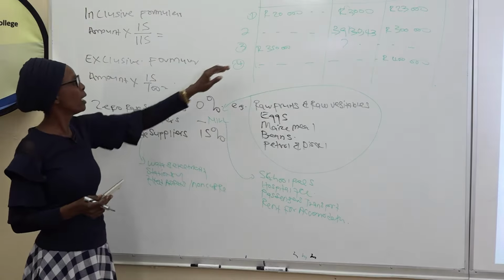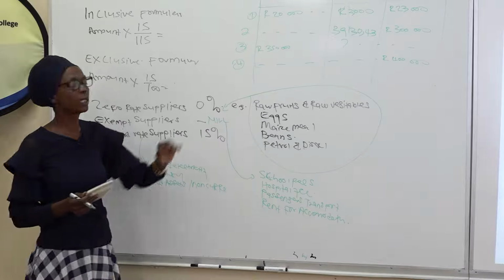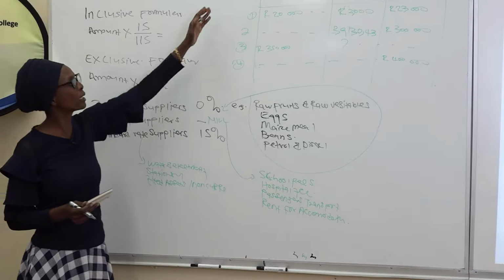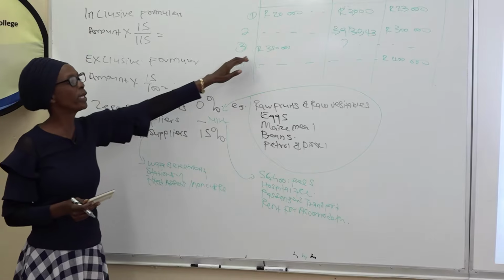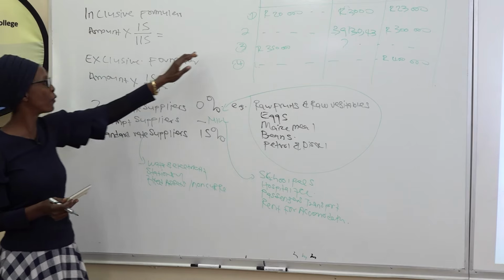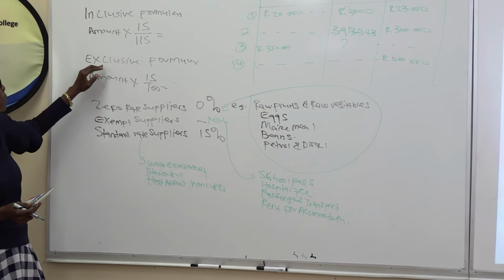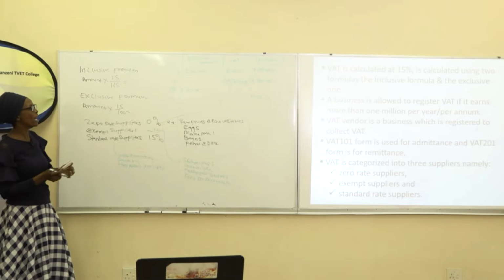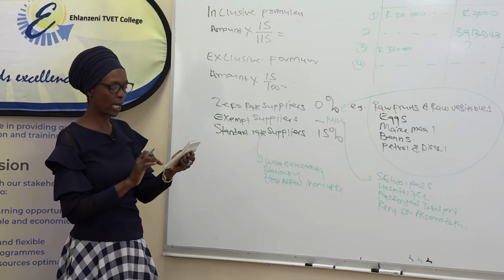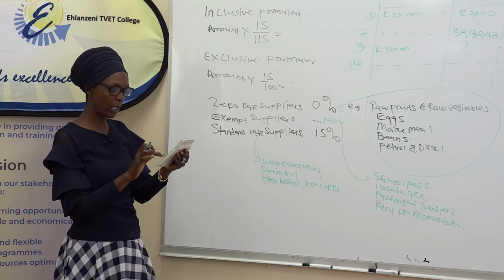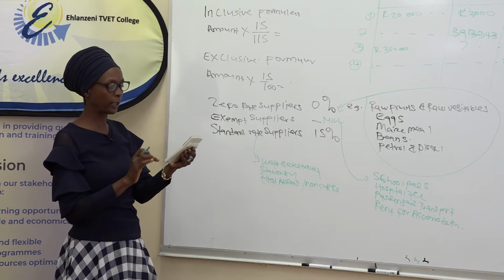Then another amount is 350,000, and as it falls under the exclusive column, it's without VAT. You have to apply the relevant formula of 15 divided by 100. Then you say 350,000 multiplied by 15 divided by 100.